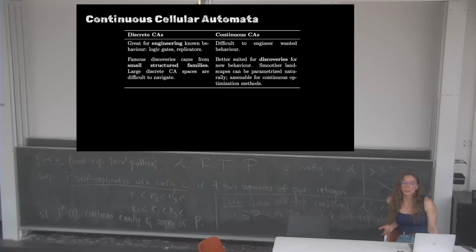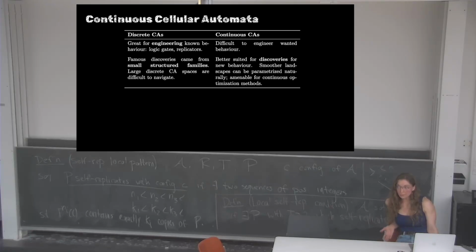But it is much harder to discover new unexpected behavior, because we would have to have a good sense of what is interesting behavior, to be able to detect it in some automated way, and to develop some optimization methods in the discrete space that would optimize for such behavior.